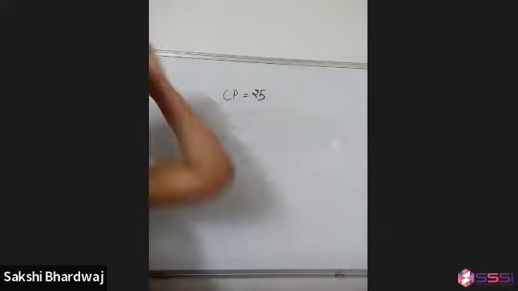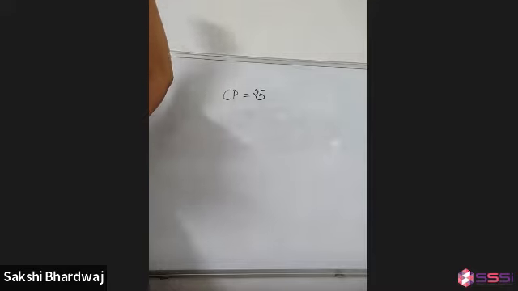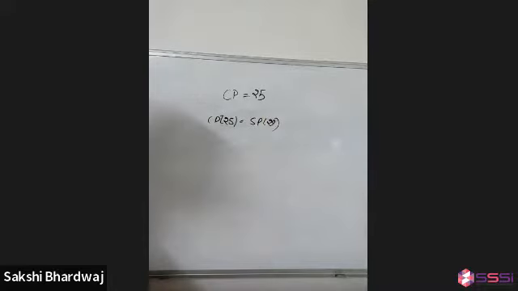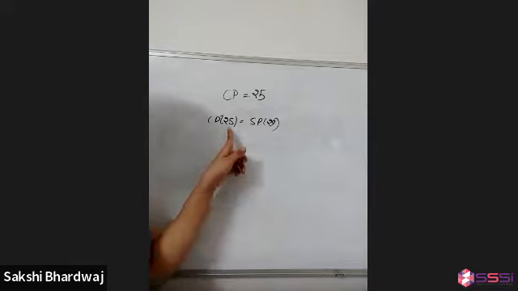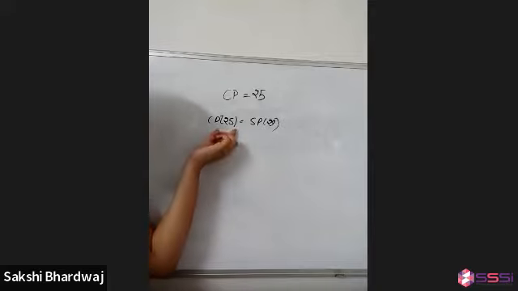Cost price of 25 articles equal to selling price of 20 articles. Let's say you invested rupees 25, cost price of any article.